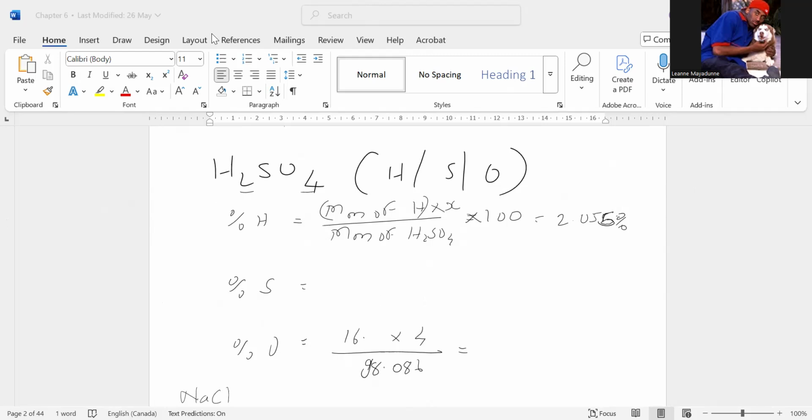For sulfur, 32 divided by 98 times 100, which is 33 rounded. And for oxygen, 64 divided by 98 times 100, which is 65. That's all.